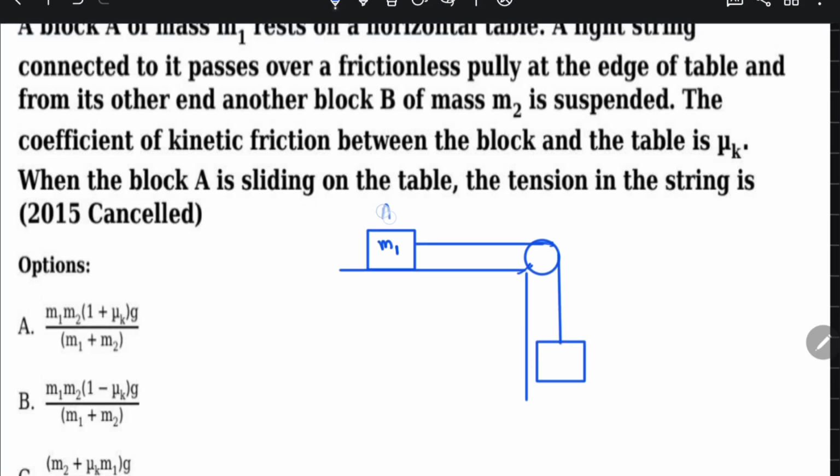This is block A, this is block B. The coefficient of kinetic friction between the block and the table is mu k. When the block A is sliding on the table, they are asking the value of the tension T in the string. So they are attached to the same string.